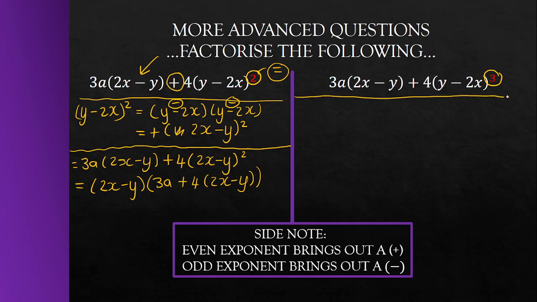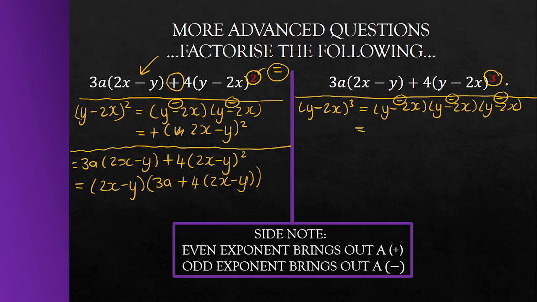Great. Now let's look at a cube. Let's make a little side note over here. So we've got y minus 2x cubed. So that means we have three of these brackets. Y minus 2x and another y minus 2x. So I'm taking out a negative over here, a negative over here, and another negative.